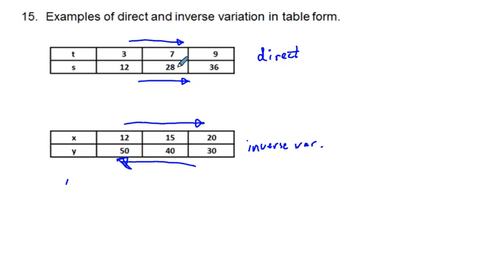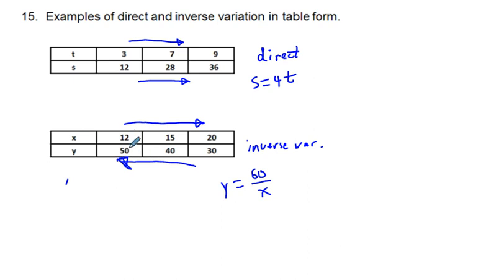Here you get s equals 4t for direct variation. Here, you'll get 12 times 60. So y equals 60 over x. You can see why that's the case. Right, if we take, that doesn't look right. It's going to be more than that.